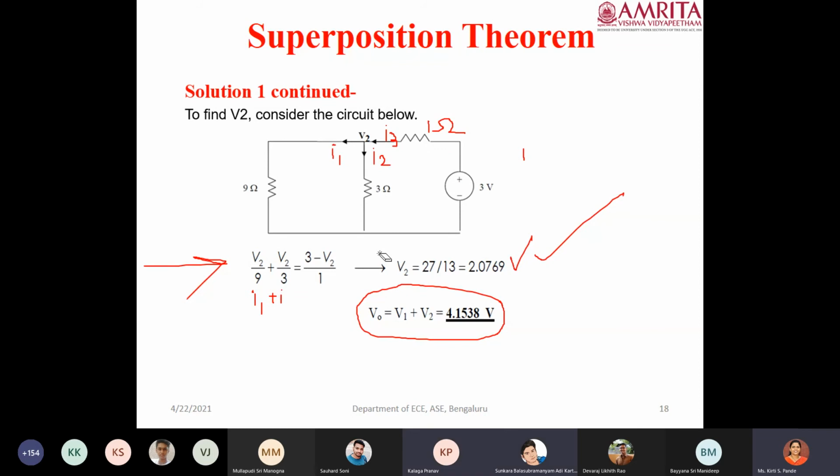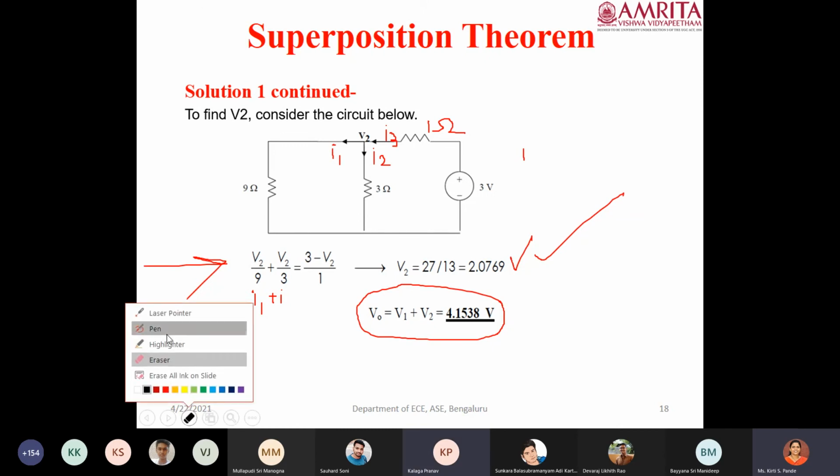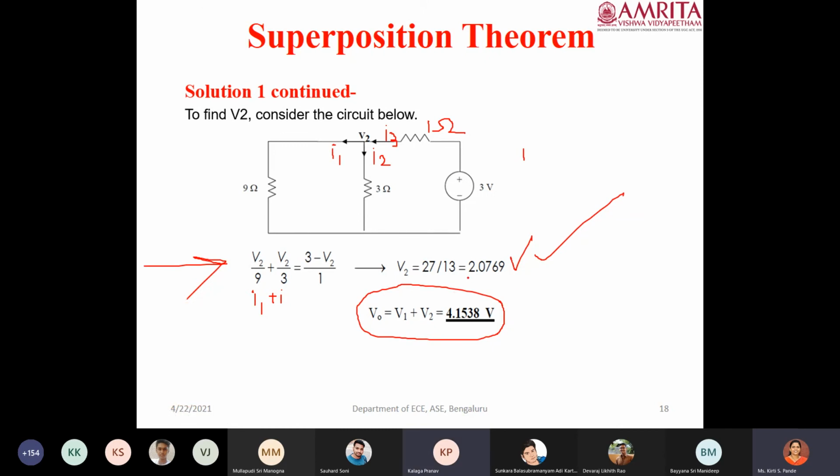In some circuits, you might get V2 as a minus value. If V2 comes as a negative value, that equation will take care of it. Automatically you will get a negative value for V2.